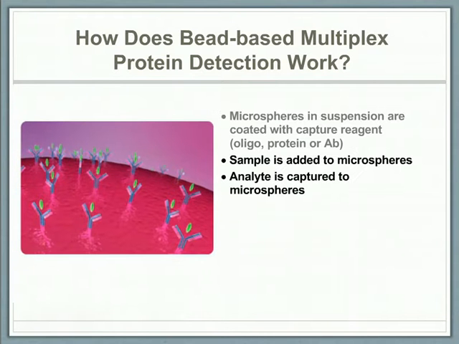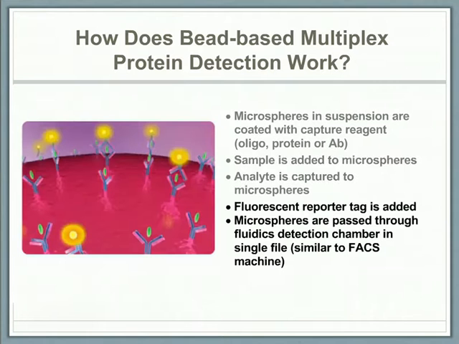And after the different color beads are mixed together, the sample is added to the beads, and the analytes are captured by the antibodies attached to the beads. And once that happens, then there's another antibody that is targeting the captured protein.